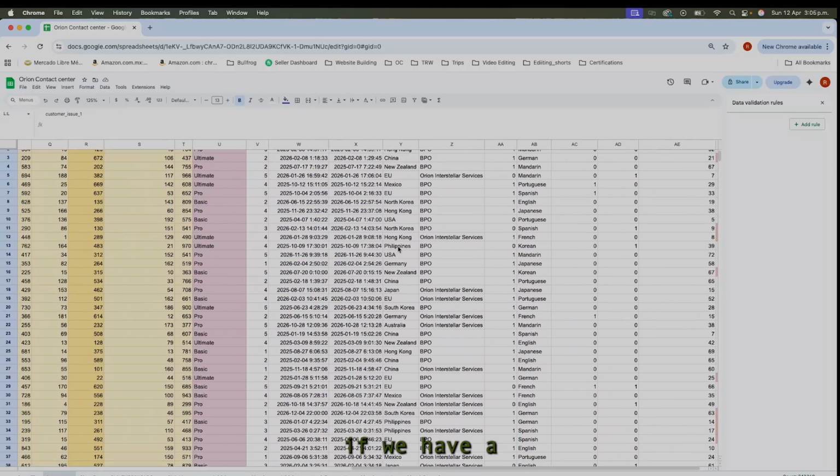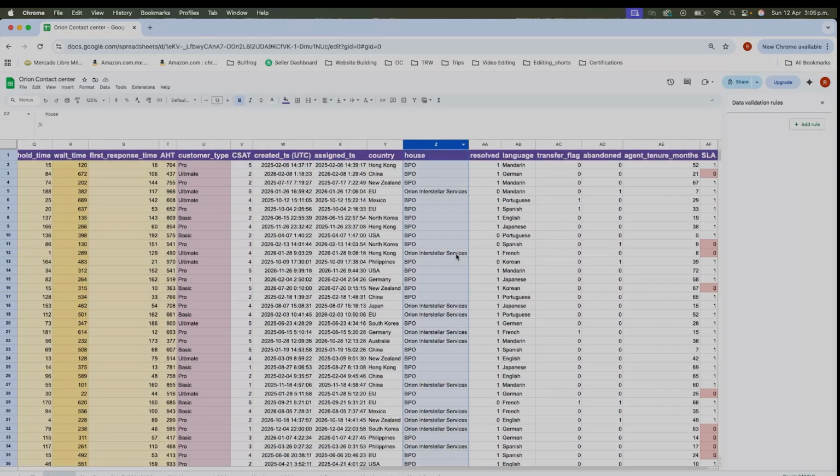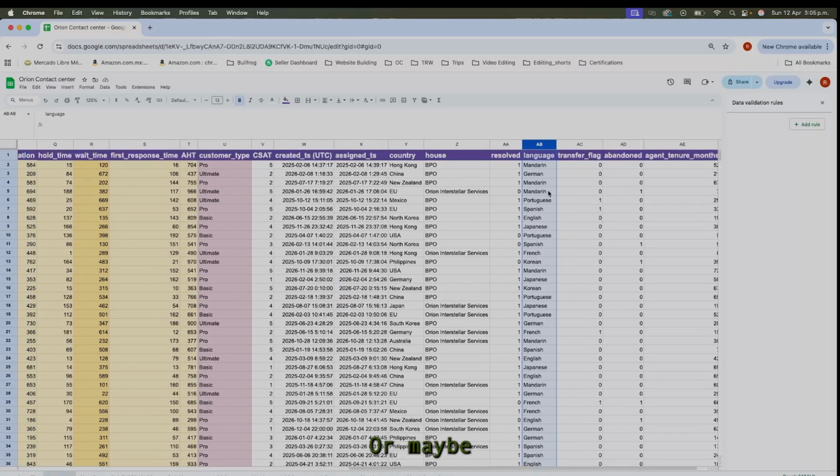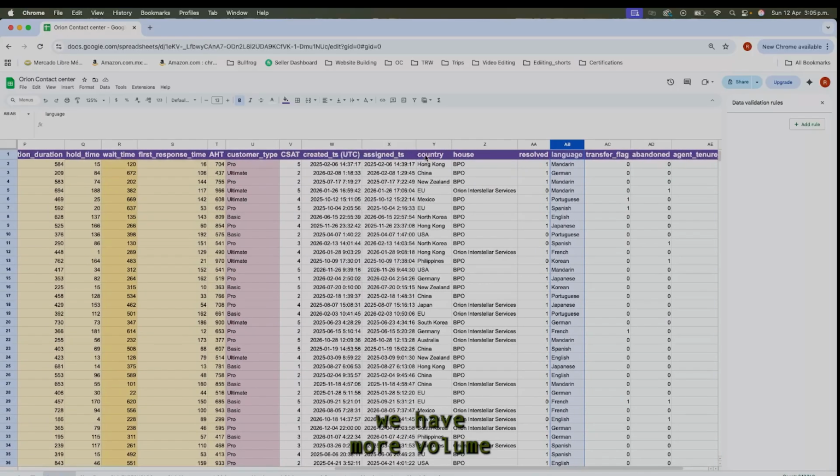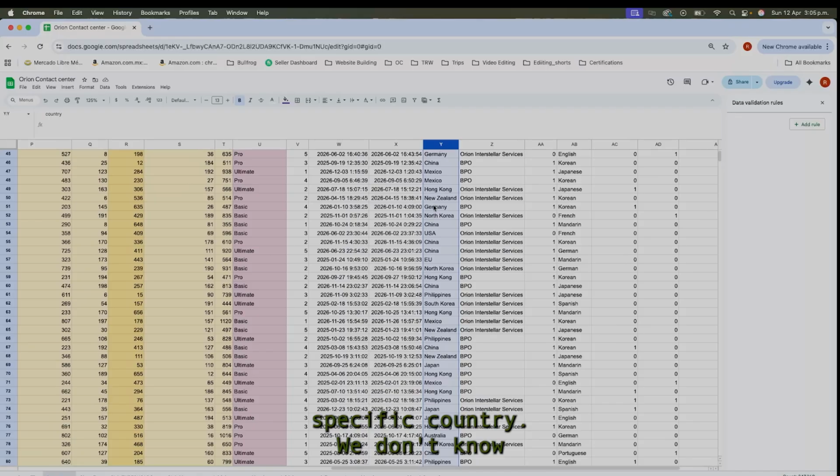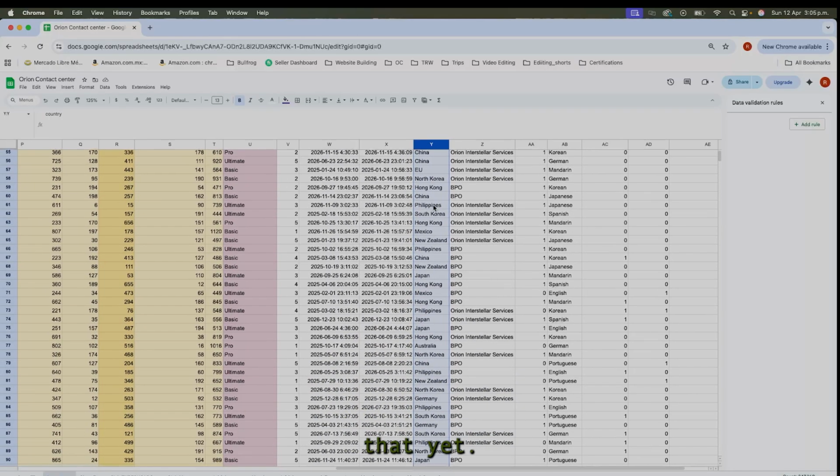Do we have a direct correlation on whether our BPOs or business partners are having a better service level than our own contact center, or whether we are meeting a better service level than them? Is a specific language becoming the norm, or maybe we have most volume coming from a specific country? We don't know that yet.